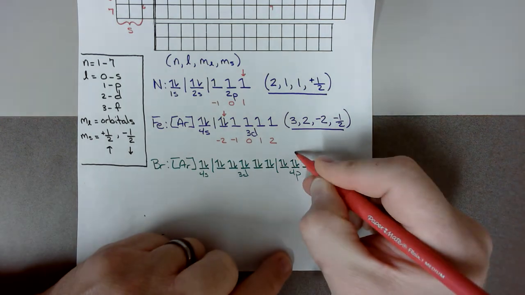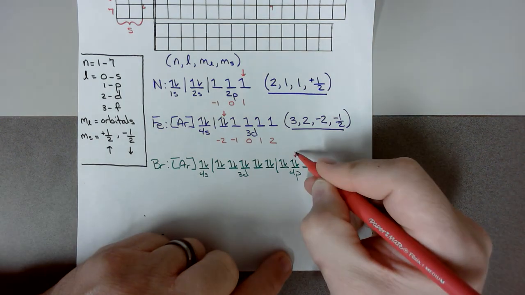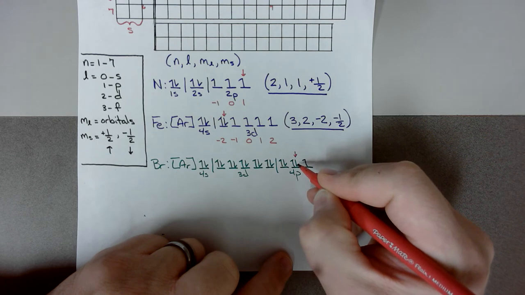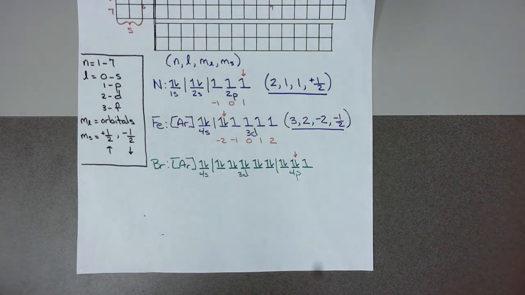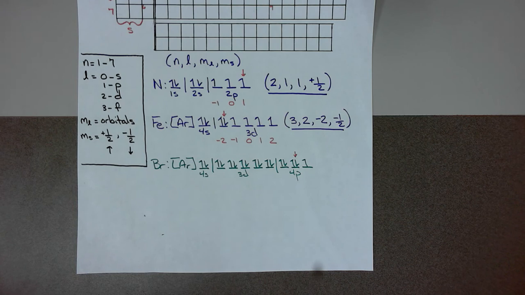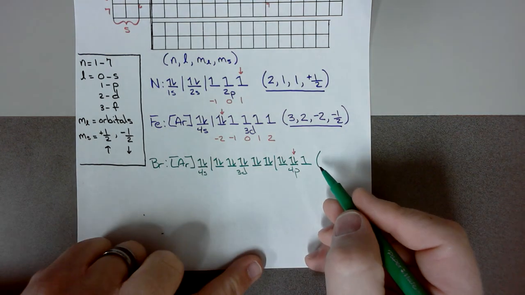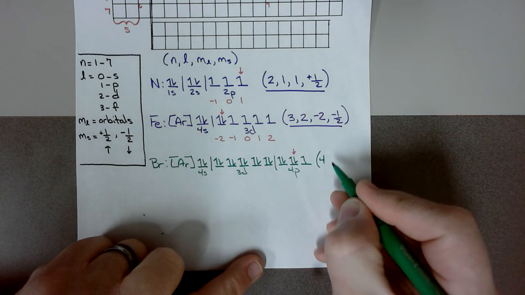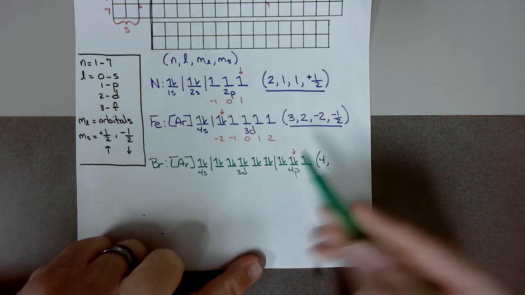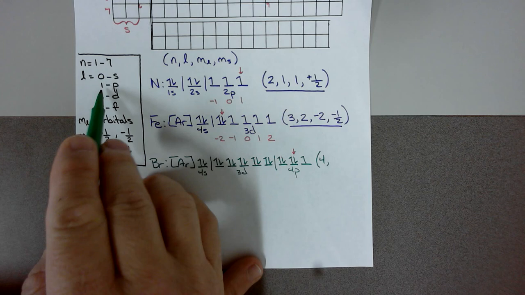I'm going to just write the quantum number set for this last electron. Remember, it could be any of them, but I'm choosing to do the last electron. So N, which is the energy level, is 4. L, which is the sublevel, we're in P, so that would be 1.